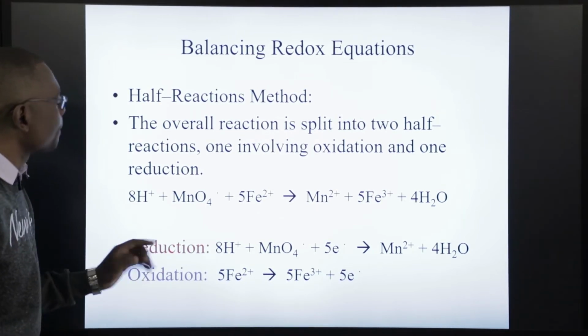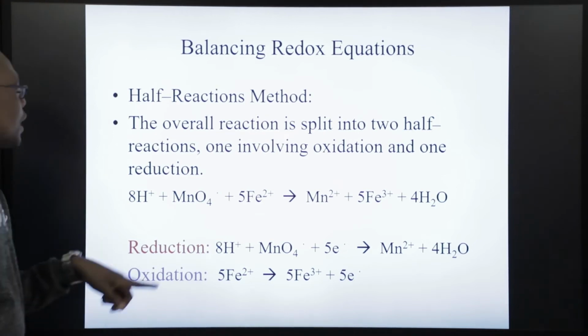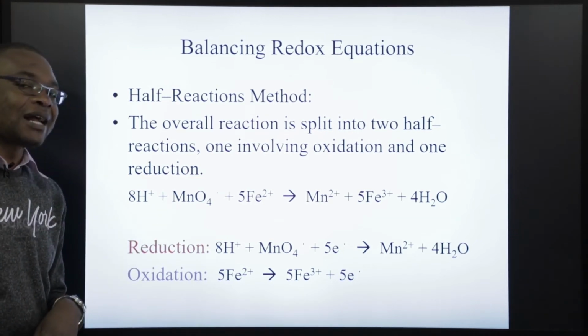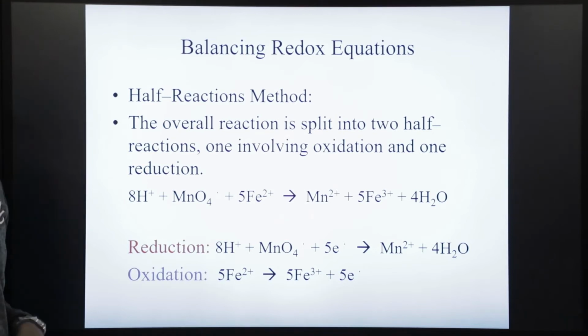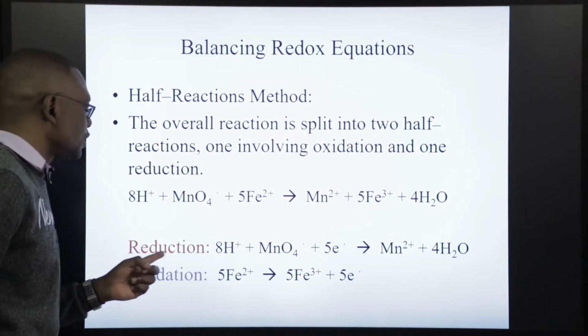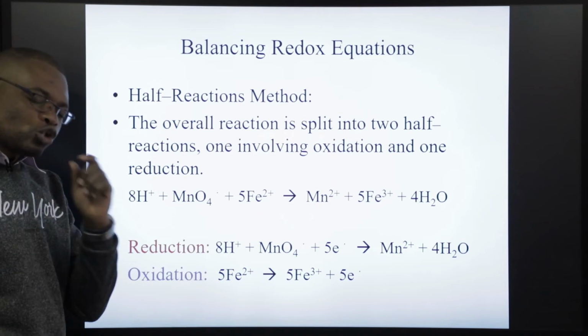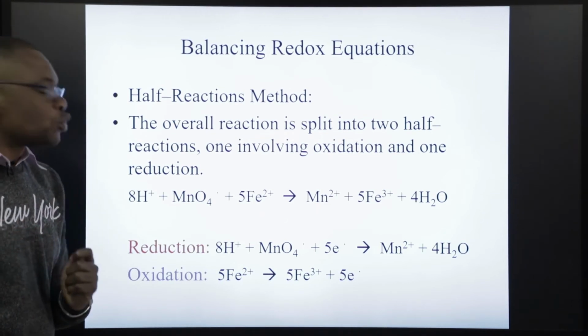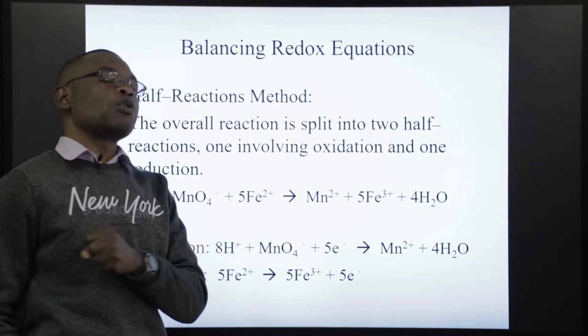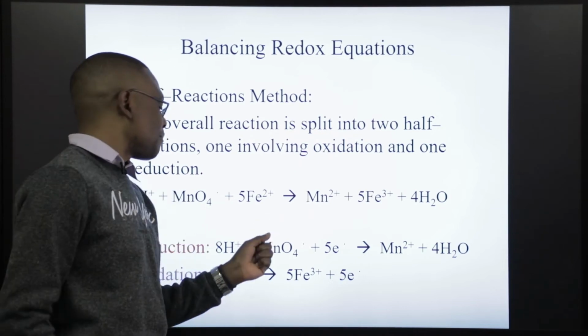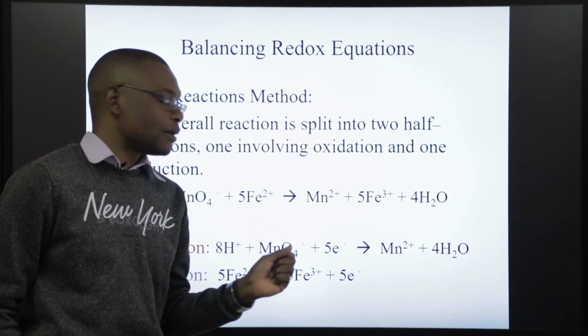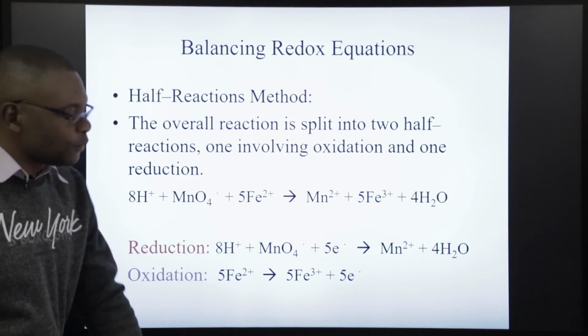For example here, we agreed earlier that manganese is undergoing reduction. And how is it undergoing reduction? The H plus is strong enough to come and snatch all the oxygens away from the manganate 7+ molecule.